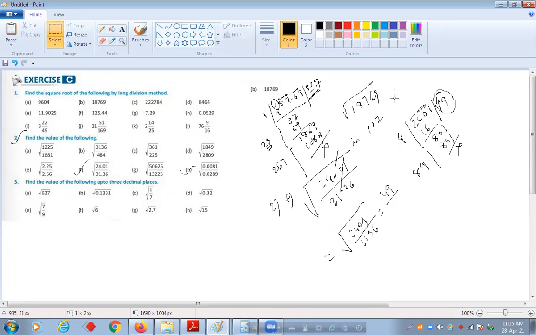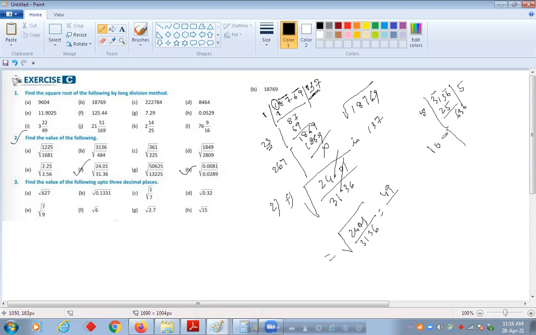Now we will also find the square root of the denominator 3136. 5 fives are 25. Then 6, 6, so 36. 5 double is 10.